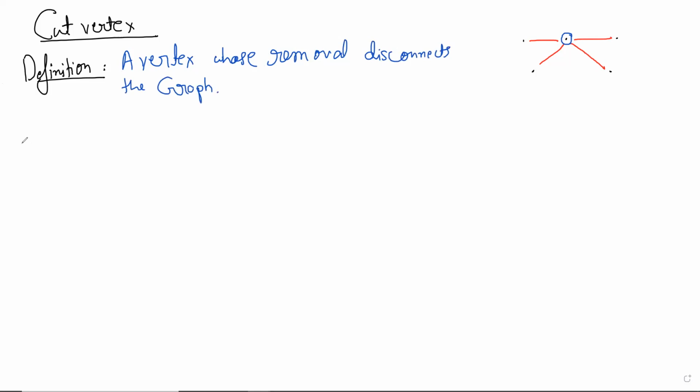Then the definition of a no cut vertex, we don't even need to define it, right? A no cut vertex is just a vertex that is not a cut vertex. Why are we looking at these concepts? Because in a graph there are so many different vertices, but some are special.